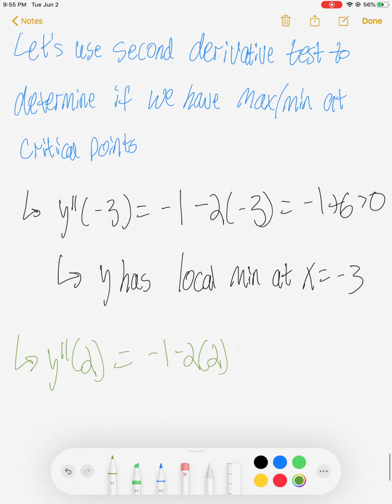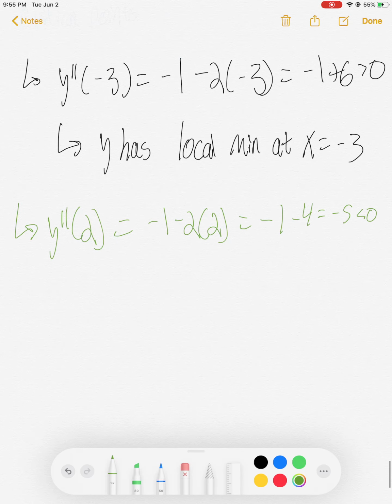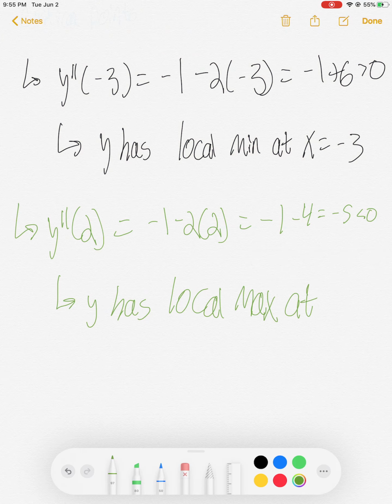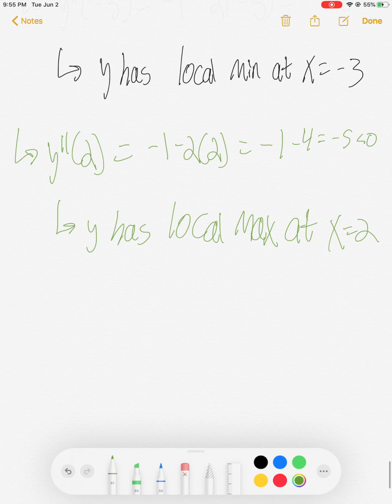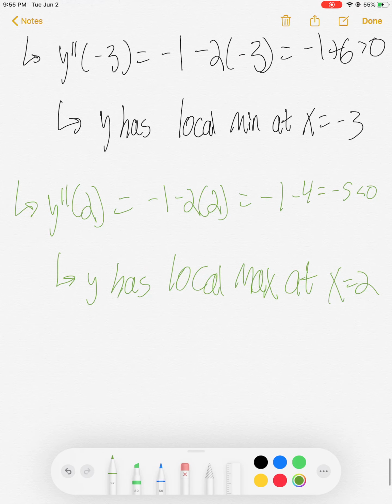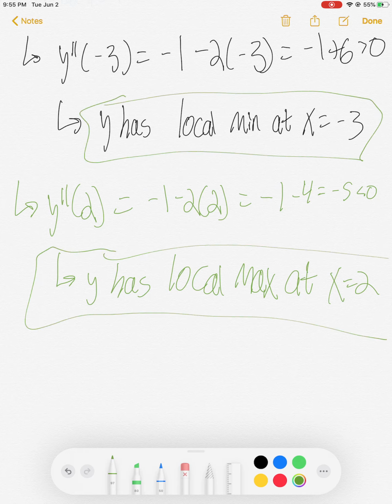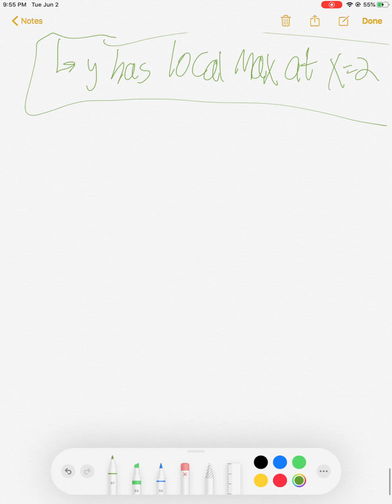Now let's do x equals 2. Y double prime of 2 equals -1 minus 2 times 2. So that's -1 minus 4, that's -5, which is smaller than 0. So this means y has a local max at x equals 2.